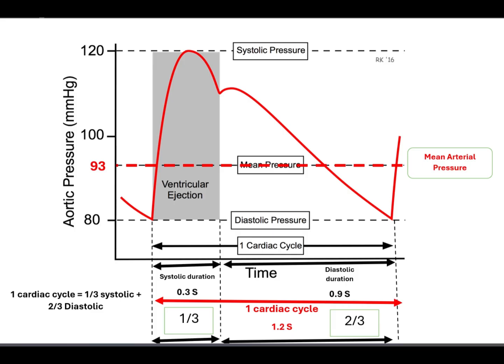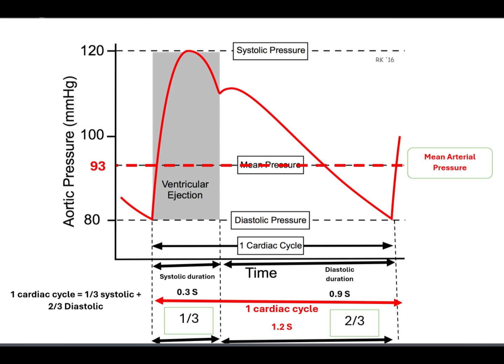In a normal patient, the mean arterial pressure stands between systolic pressure and diastolic pressure. If blood pressure is 120/80 millimeters of mercury, mean arterial pressure is 93 millimeters of mercury.